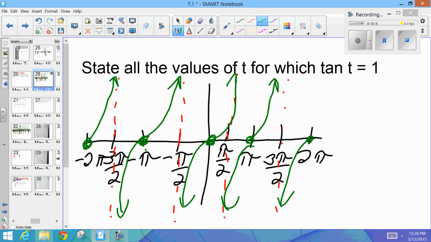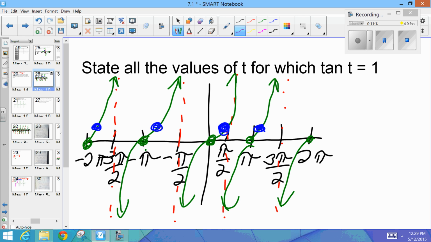Okay, and now let me just mark where y equals 1 might be. It happens once every cycle. I'm going to use my trig card to determine the first angle. I didn't prepare my trig card so that I could show it to you on the screen. But I'm looking at my trig card right now, and I see that the first time that tangent is equal to 1 is at pi over 4.